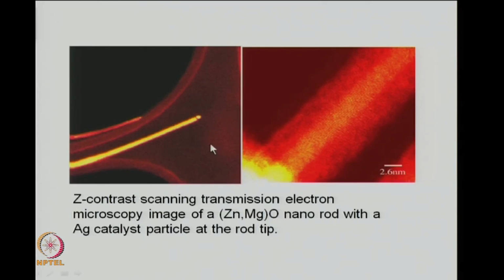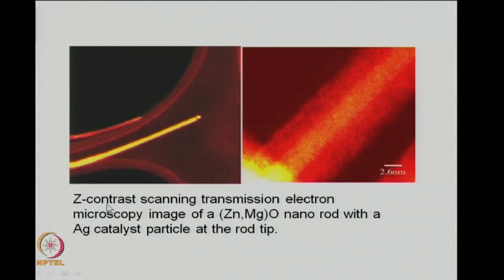That can be seen in these pictures, which is called the Z contrast STEM picture of a zinc oxide nanorod, where magnesium has been doped in the zinc oxide and it is growing, and a silver catalyst is at the tip. So, this is a silver catalyst, and this is the nanorod of zinc oxide which is growing, and this has been imaged by the STEM Z contrast imaging system.